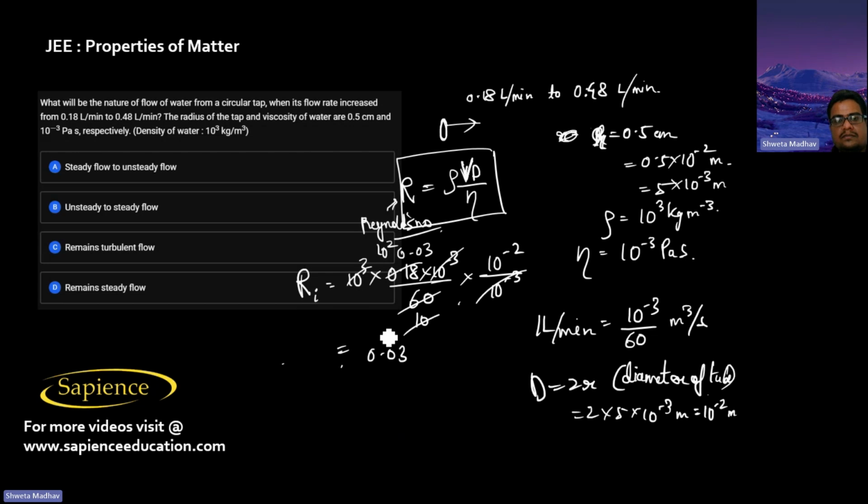Our initial density is 10 power 3, with volume flow rate 10 power minus 3 by 60, d that is 10 power minus 2 meter by eta, that is 10 power minus 3.